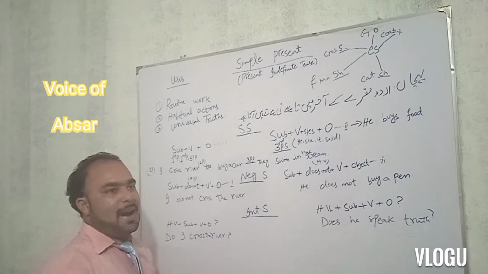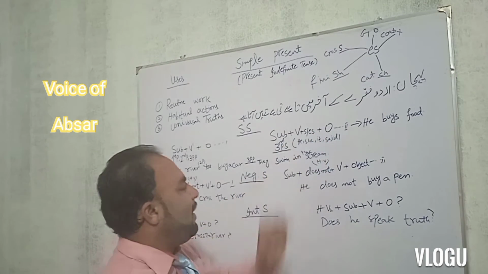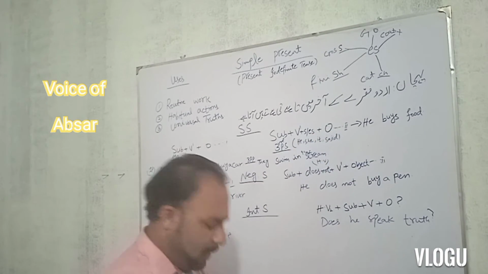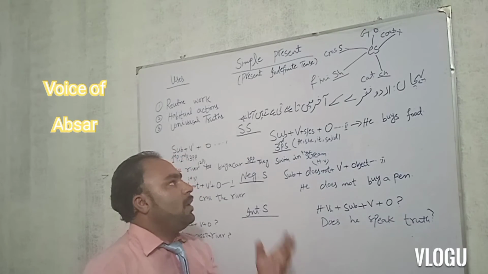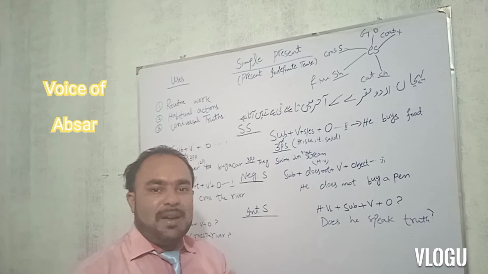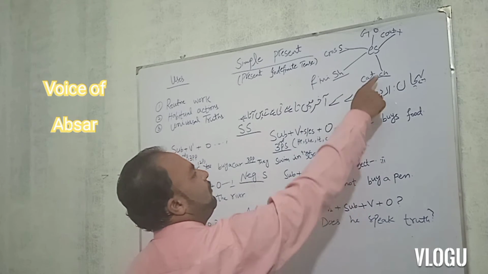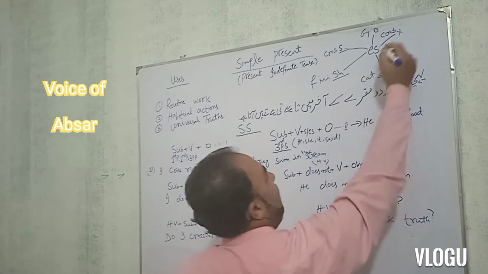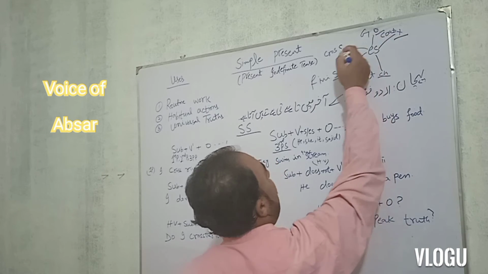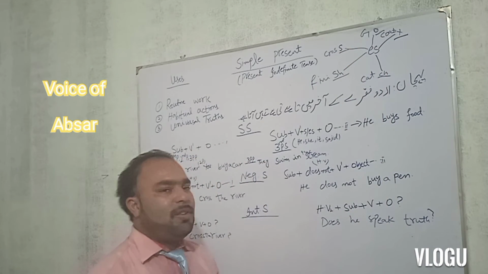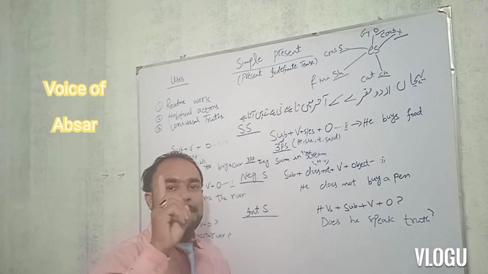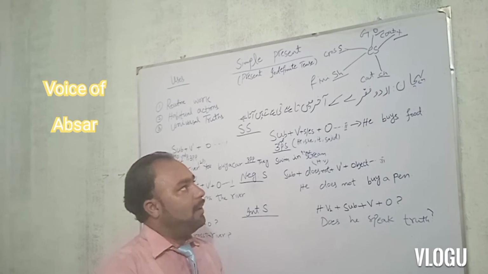Now we should be clear where we use S and where we use ES. If any verb ends in SH, CH, X, O, S, then we use ES with third person singular. Keep in mind.